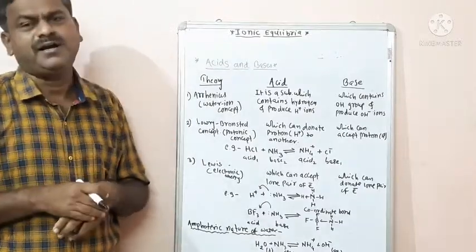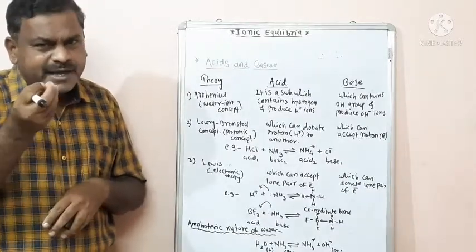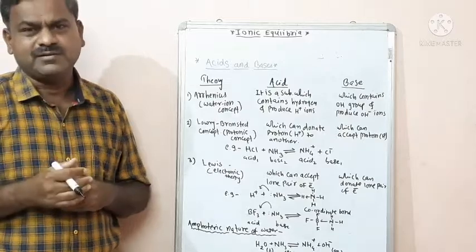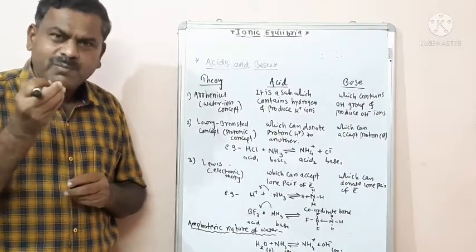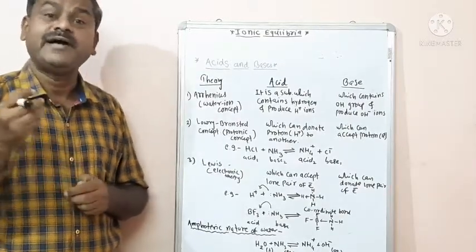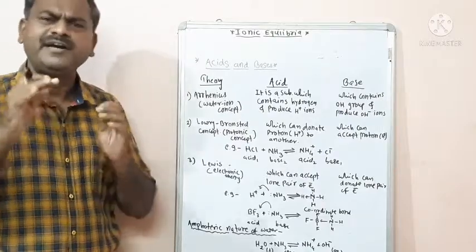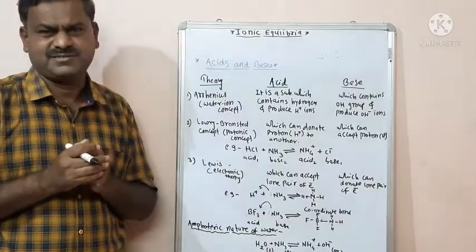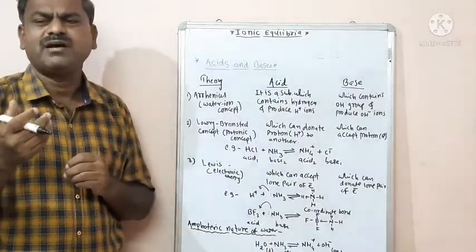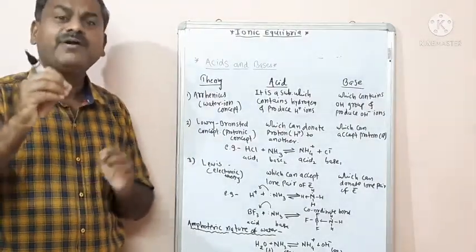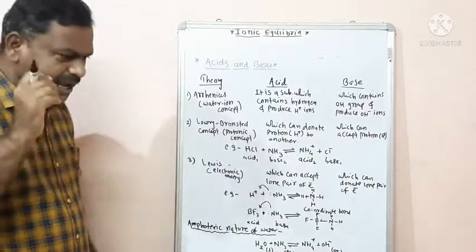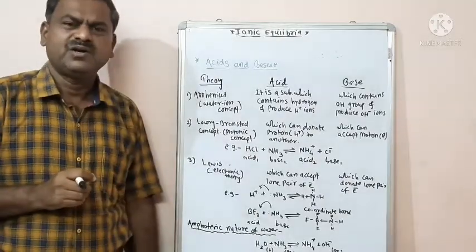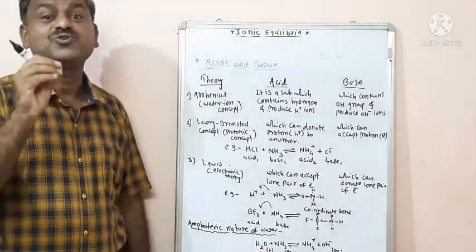But before that, what is the experimental, or operational, definition of acids and bases? How do we identify an acid or a base on the basis of some different tests? An acid has a sour taste.